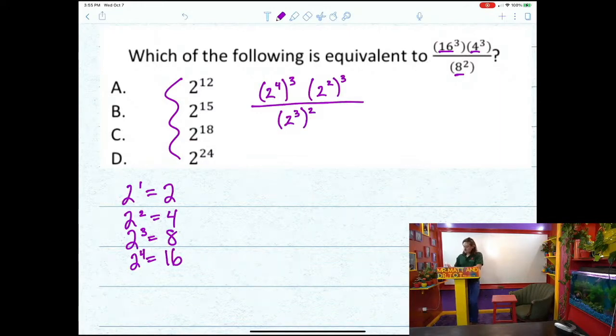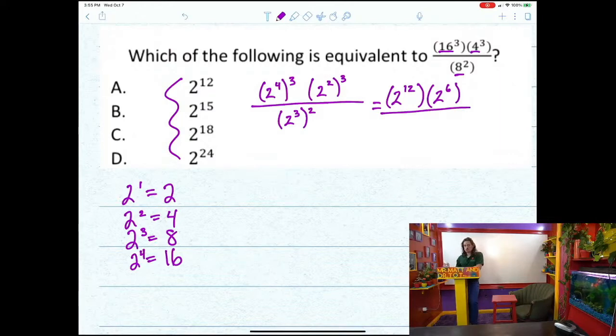Now I have powers of powers, so the first value, 2 to the 4th quantity raised to the 3rd, is the same thing as 2 to the 4 times 3 power, which is going to be 2 to the 12th power. 2 to the 2nd power quantity raised to the 3rd power is the same thing as 2 to the 2 times 3 power, which is going to be 2 to the 6th power.